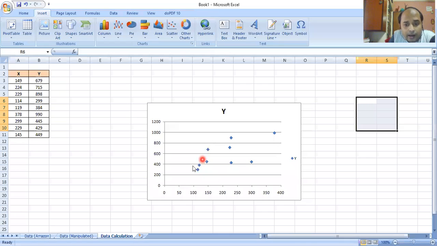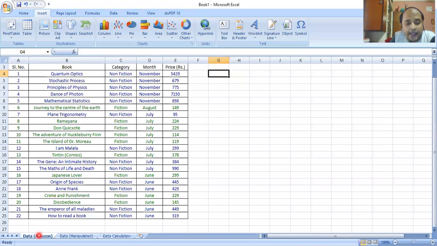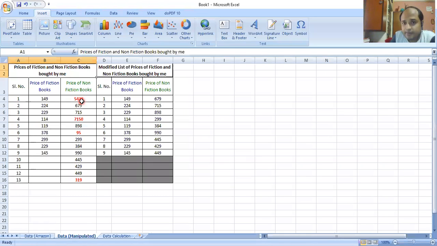Now, if we keep these high prices in the picture, suppose a particular student asks me, sir, why can't we omit the figures 445, 429, 449, 319, the last four figures from the chart?